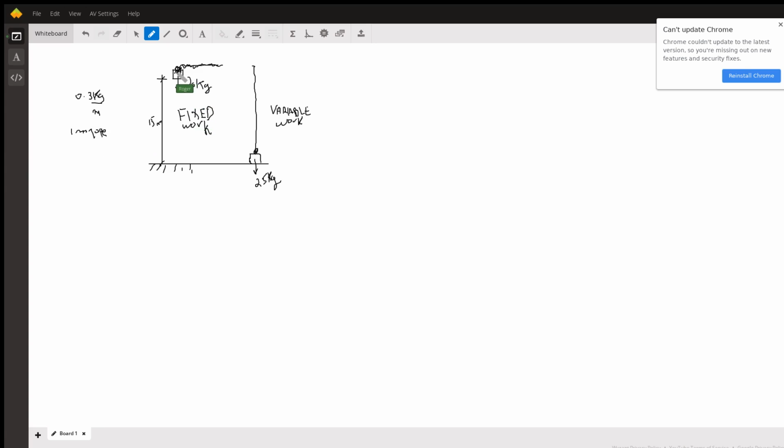So what would be the weight of the bucket in the fixed work condition when it's in this position right here? Well, the work is going to be, let me change the color of this pen a little bit, change it to blue. The work is going to be the force times distance times cosine theta.